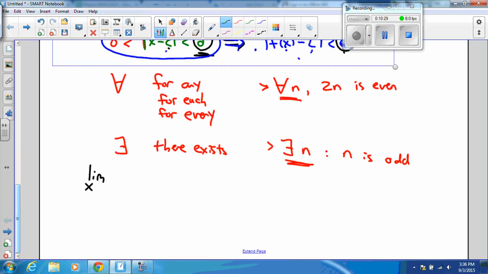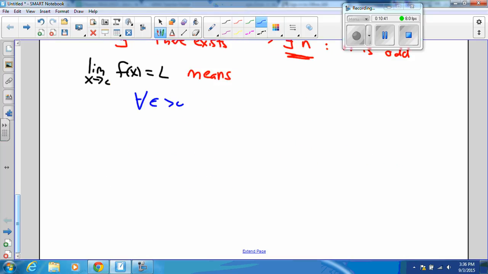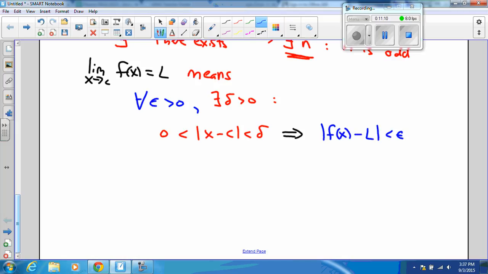The limit as x goes to c of f of x equals L means that for any epsilon greater than 0, there is a delta greater than 0 such that when x is in the deleted delta neighborhood of c, then f of x is in the epsilon neighborhood of L.